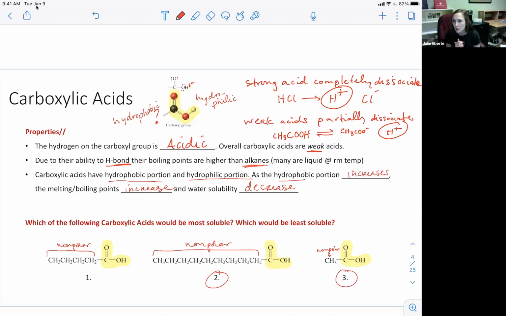I'm going to launch a poll question because I want you to answer this question. Which of the following carboxylic acids would be most soluble in water and least soluble? And then I'm going to follow that up with which one you think would have the highest boiling point and which one would have the lowest boiling point, based on this bullet point right here, what we just filled in. The first one I want you to focus on is water solubility. So let me launch the poll question.